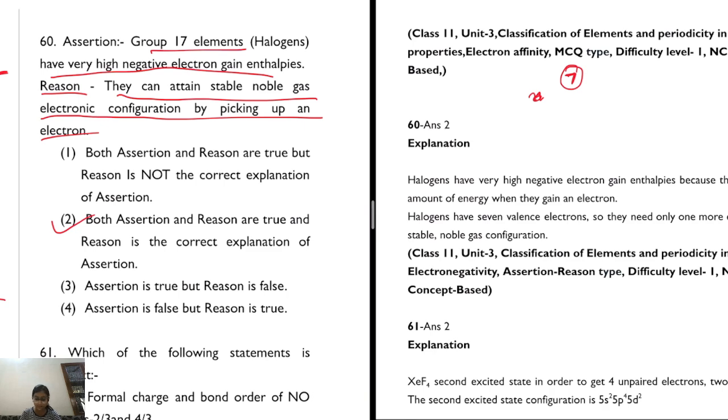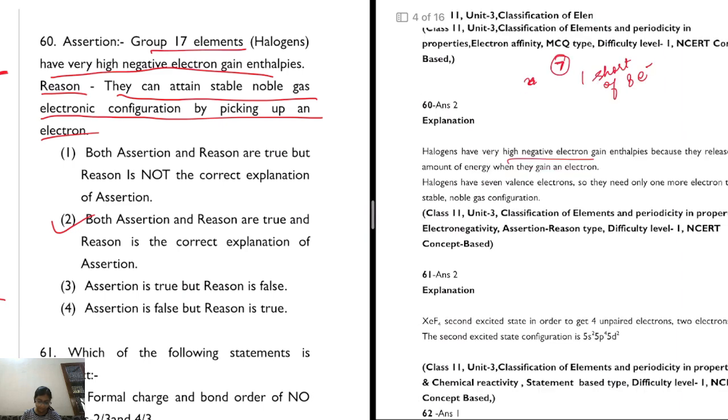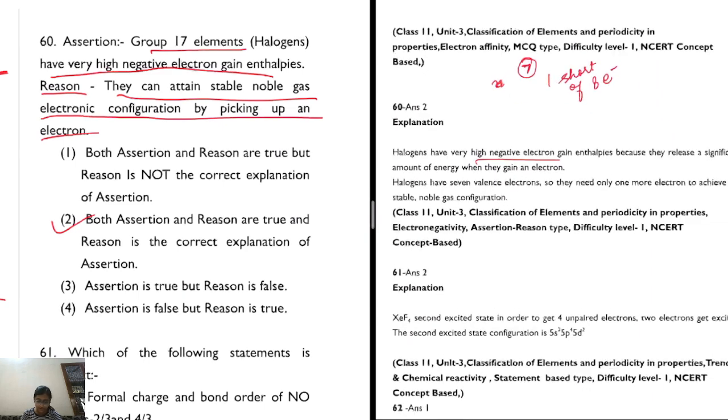They are one short of stable configuration, one short of 8 electrons. So therefore, they will easily acquire an electron upon addition. So they have high negative electron gain enthalpy. Also halogens release a significant amount of energy when they gain an electron, and the other one I already told you, they are one short of achieving the 8 electron configuration, which is a noble gas configuration.